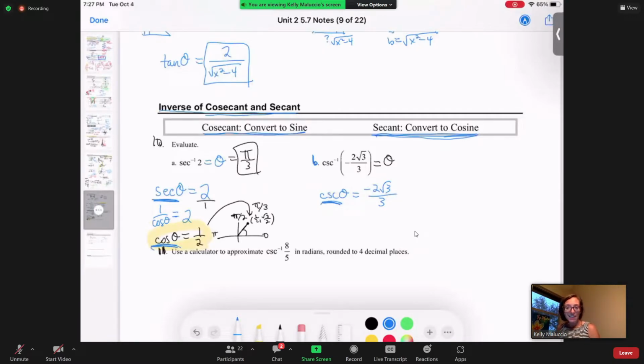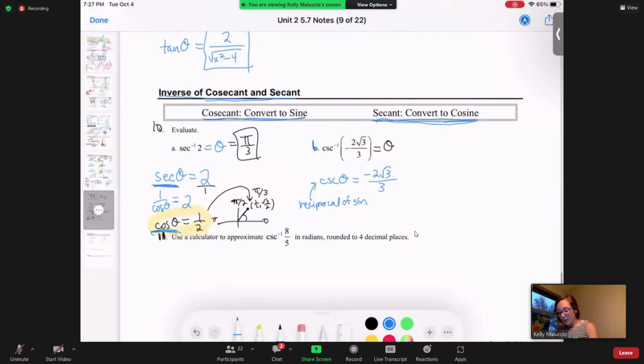So the nice thing about this is if you think, okay, the reciprocal, so I'll write this up, this is the reciprocal of sine, right? And so if I want sine theta, I'm just kind of skipping this step here where I write 1/sine. If I want just sine theta, I take the reciprocal of this, right?